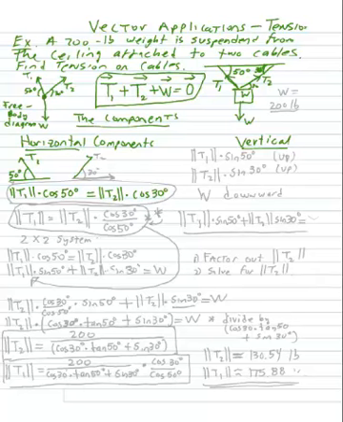Those two horizontal components must equal each other because this system is in equilibrium. It's not moving. That's our first equation, and we can solve for the magnitude of the tension T1. This is going to equal the magnitude of T2 times the cosine of 30 degrees divided by the cosine of 50 degrees.